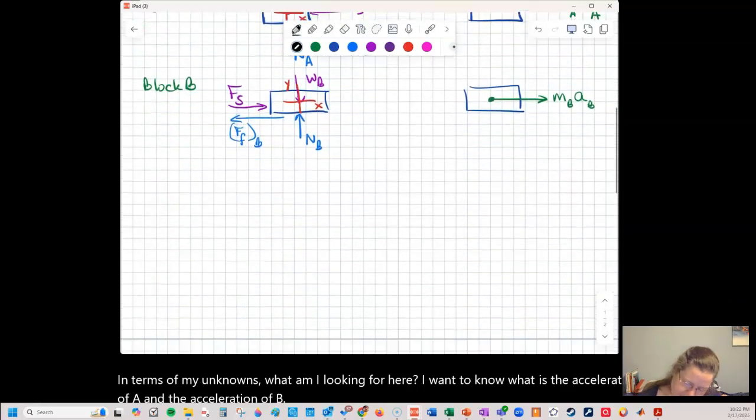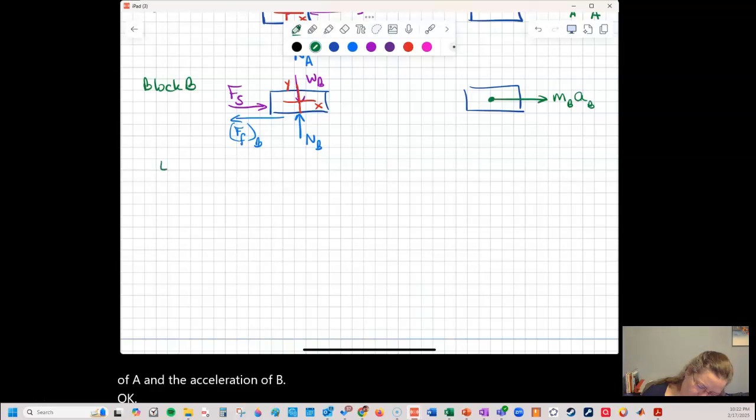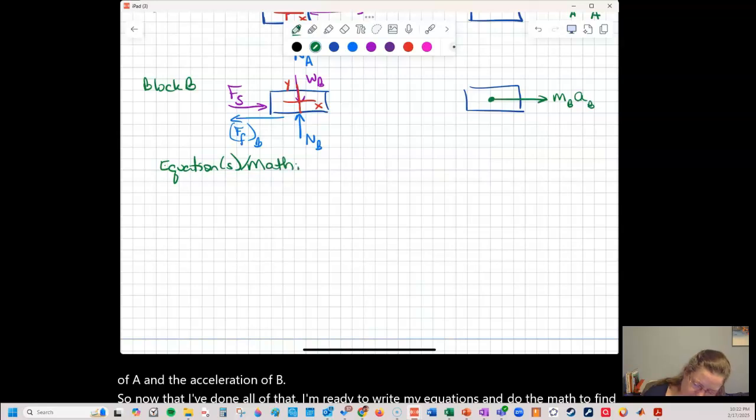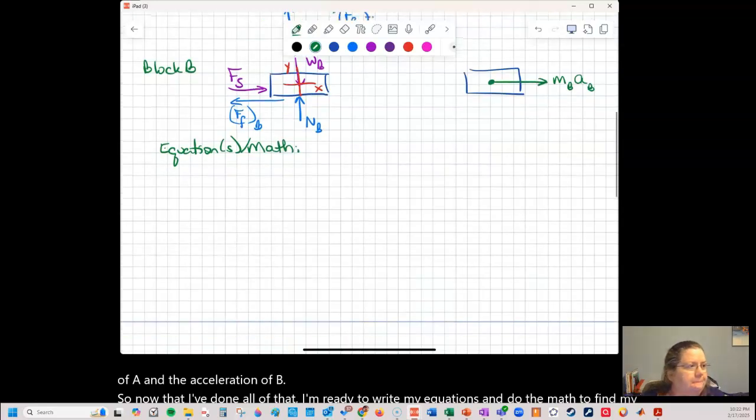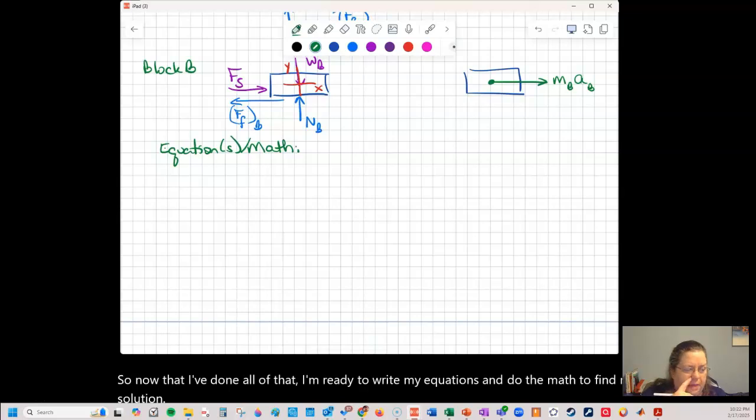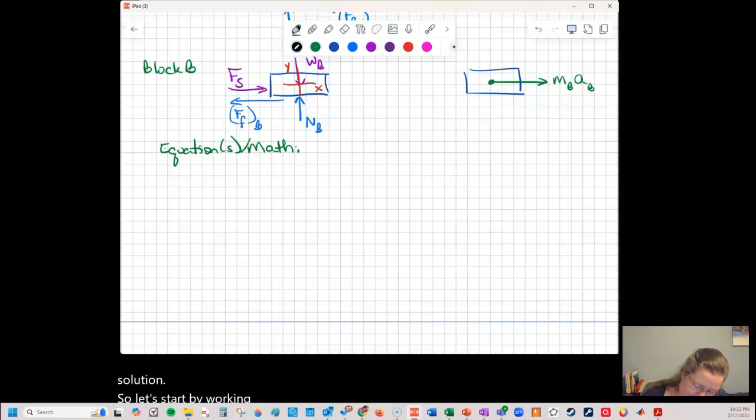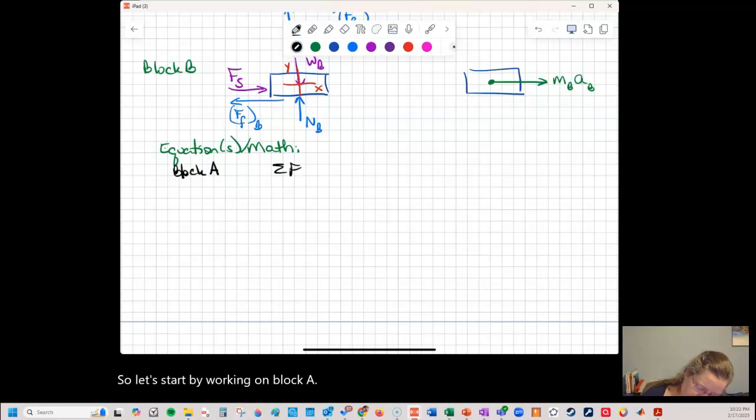Okay. So now that I've done all of that, I'm ready to write my equations and do the math to find my solution. Let's start by working on block A. Sum my forces, set those equal to mass times acceleration.